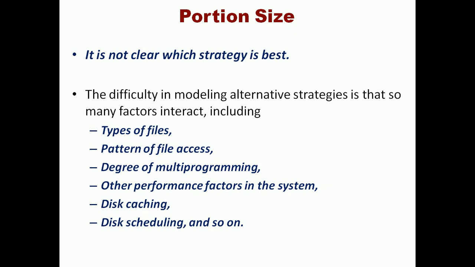Next, what is the degree of multiprogramming, whether it is high or medium. And other performance factors in the system like disk caching and disk scheduling. These are the factors we need to take into consideration if we want to use alternative strategies.